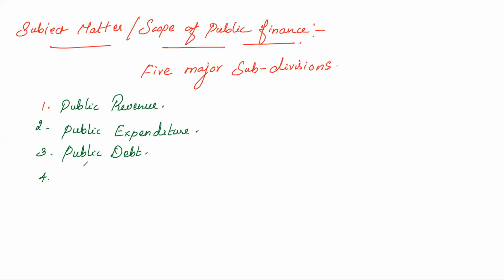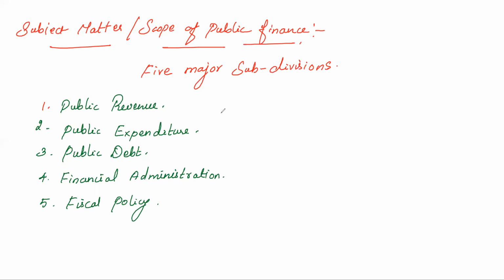Fourth, financial administration. Fifth, fiscal policy. Okay, there are five subdivisions. So let us look at the first explanation, public revenue.